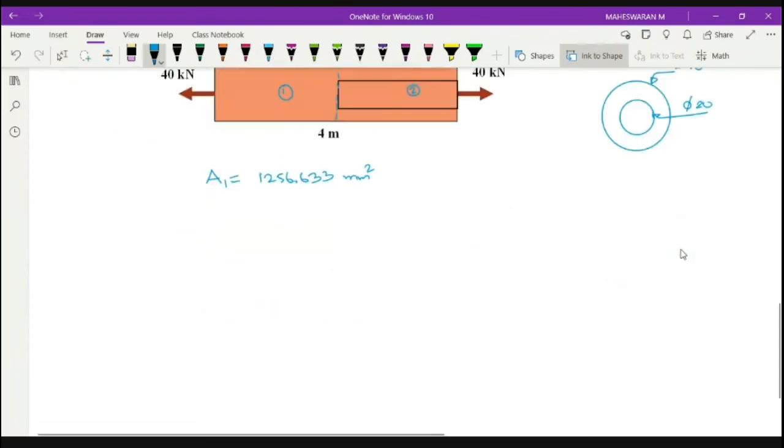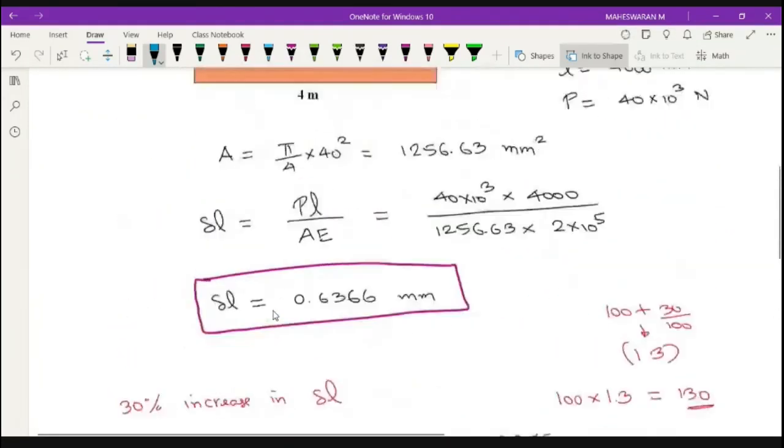In that case, I can identify my A2. So my A2 will be equal to pi by 4 into 40 square minus 20 square. So what will be the value of my A2? 942.47 mm squared. Right? So this is my data.